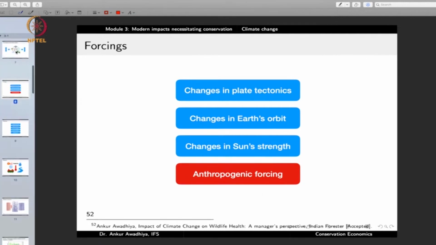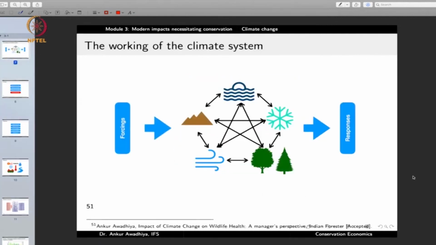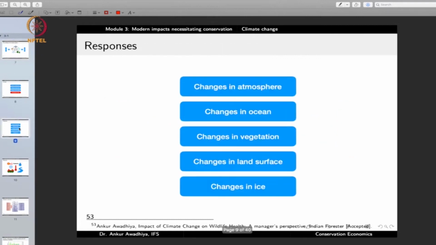Now, when there is a forcing on the climate system, it results in a response. And what are those responses? Responses could be changes in the atmosphere, changes in the wind pattern, or changes in the ocean.